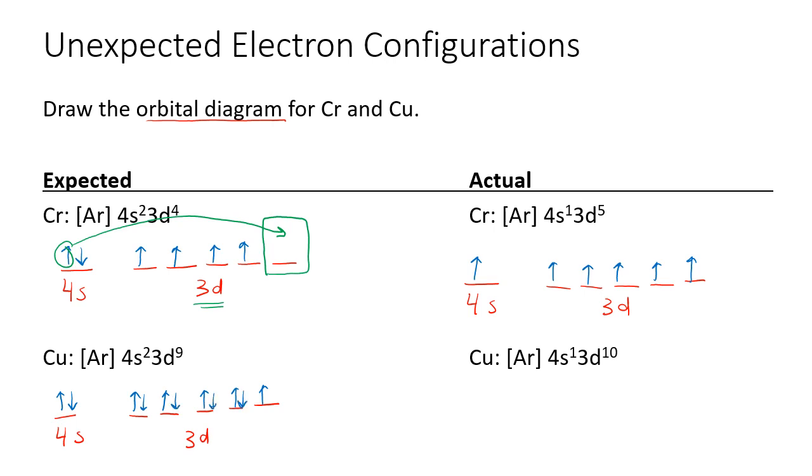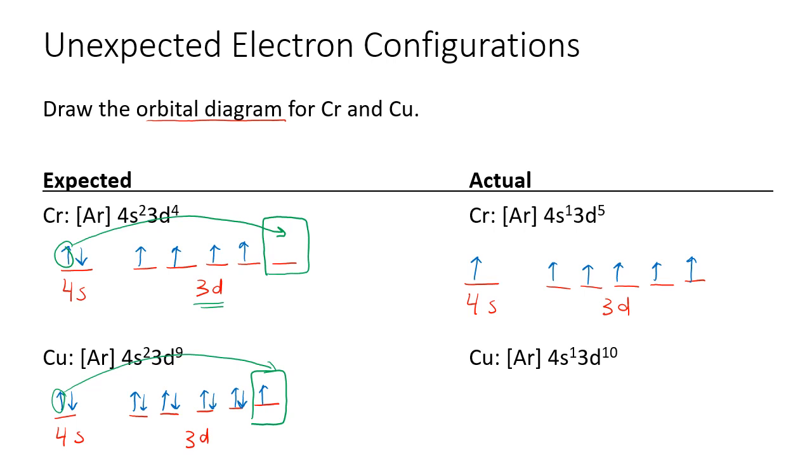And you can see how this situation is similar to chromium. We have 4 of the 3d orbitals that are completely filled, and then we've got this one that's half filled. It would be lower in energy for the 3d orbitals to be completely filled. So one of the electrons gets promoted to this half-filled 3d orbital.